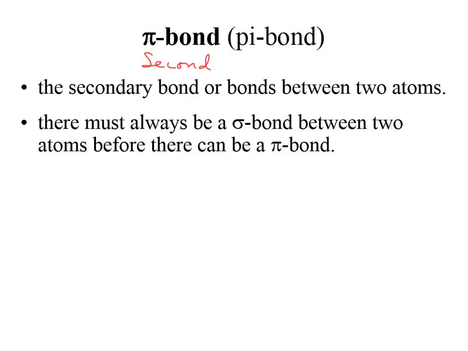Second to arrive. Now, do we always have dessert? No. Some people, like my brother, doesn't like desserts. I'm like, are you serious? Can I have yours? So only if you have the first type of bond, the sigma bond, do you have a possibility of having the secondary bond.